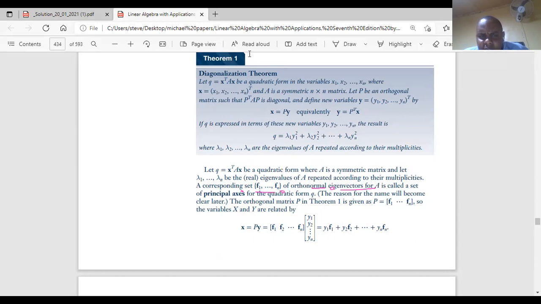If Q is expressed in terms of these new variables y1, y2, ..., yn, the result is given as this, where lambda 1 up to lambda n are eigenvalues of A repeated according to their multiplicities.